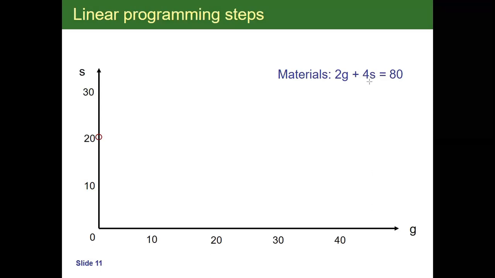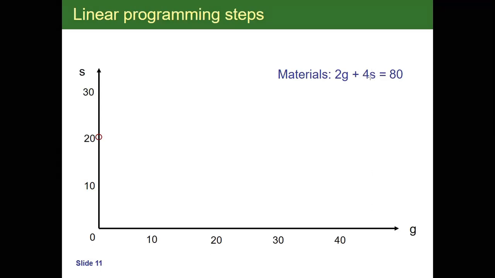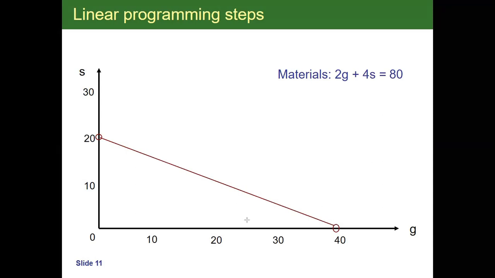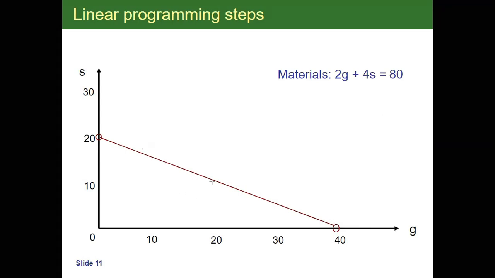Then when S is equal to 0, this becomes 0, 2G is equal to 80, which means G is equal to 40, and you put one dot here. Then you just join these two points together, and this is your first constraint. First constraint is ready. This line is the line for material.